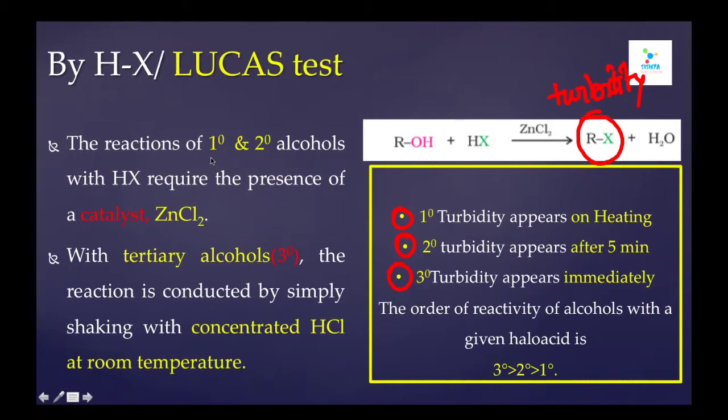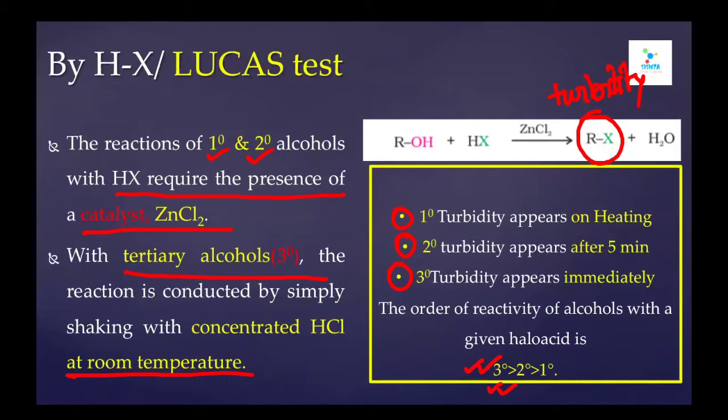Since 1 degree and 2 degree alcohols require the presence of a catalyst, while for 3 degree the reactivity is higher, the reaction can take place even at room temperature. The remaining 1 and 2 degree alcohols cannot, so you have to pass the halo acid gas through the alcohol in the presence of a catalyst, that is zinc chloride.